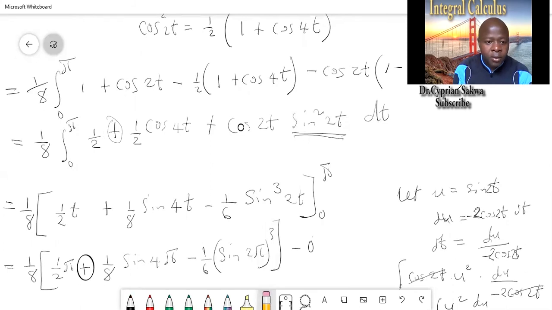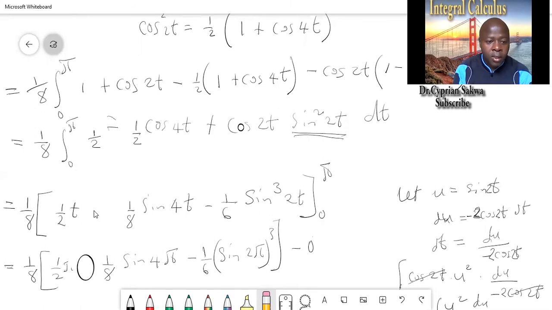This one here is supposed to be negative. The same thing here, and then here.